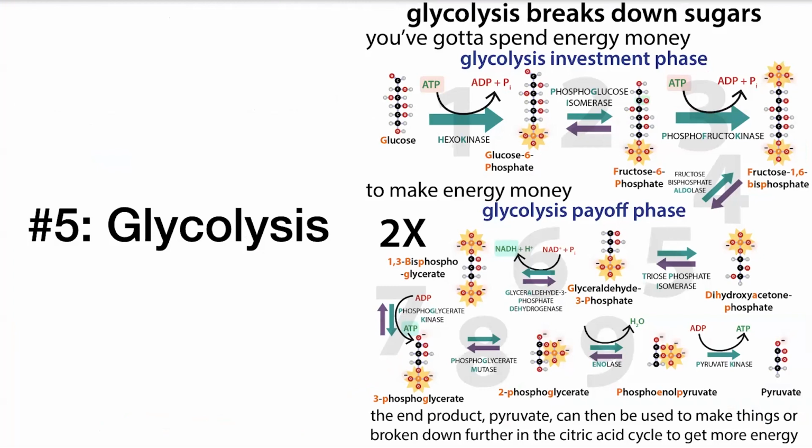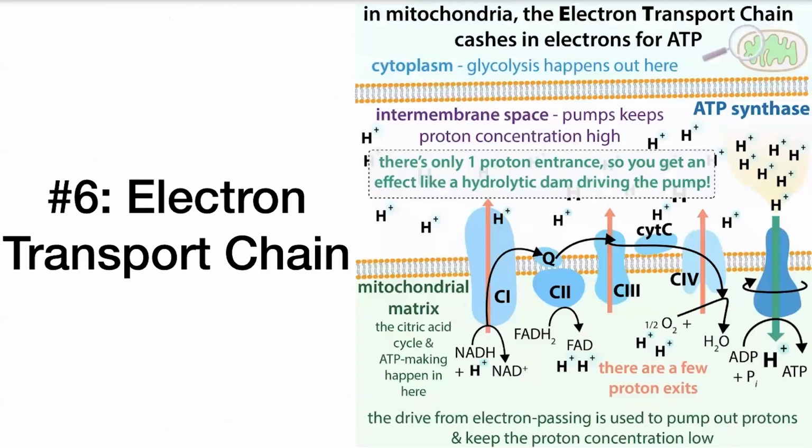So number 5 is going to be an overview of glycolysis. Number 6, continuing on our energy making or energy storage trend, we have the electron transport chain. So that end part of your cellular respiration, where you're actually going and storing that energy as ATP.